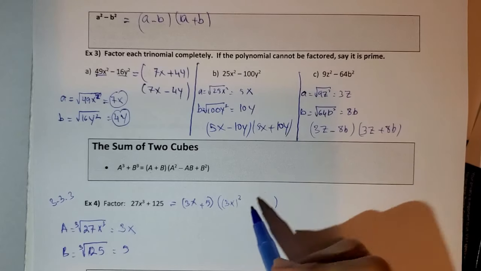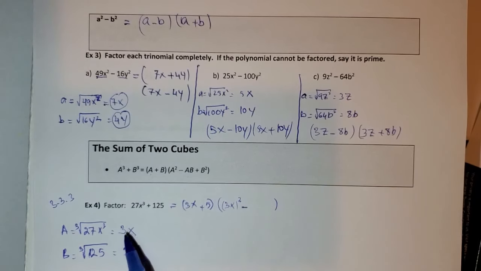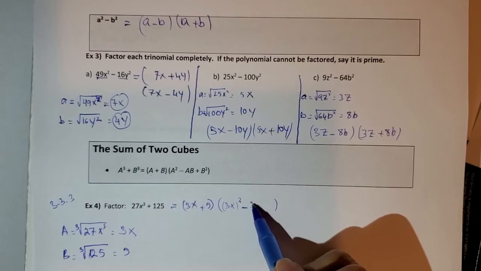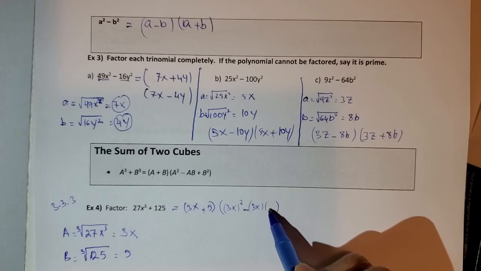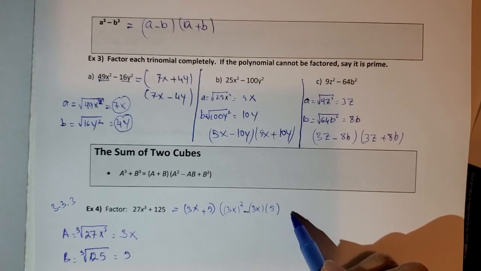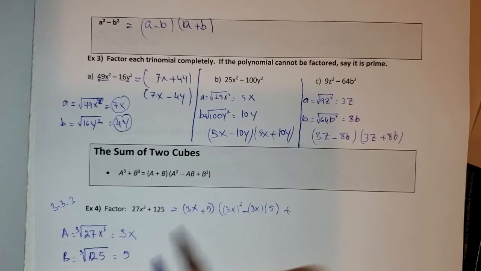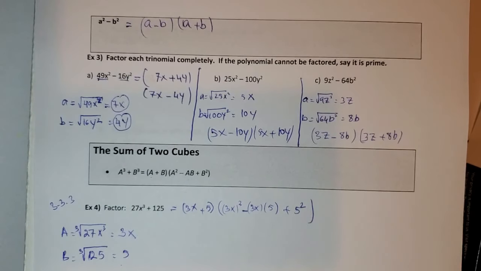I put minus, and my ab here is 3x represents my a, and b here is 5. Now I need more space, so I need to expand my parenthesis, plus my b square, which is 5 square.